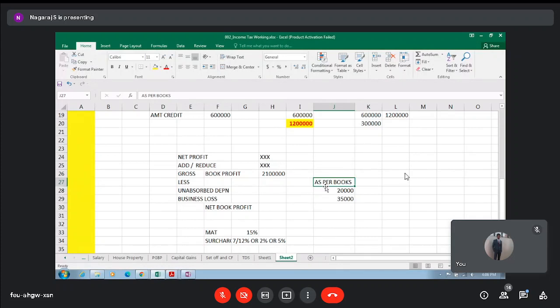Of these, you need to deduct only one: unabsorbed depreciation or business loss, whichever is less as per books.